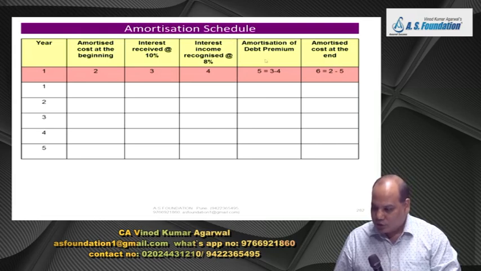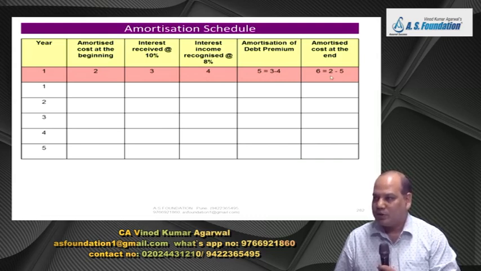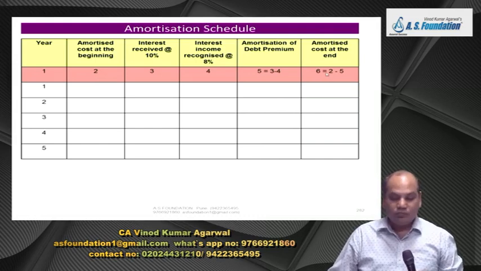You can remove this column also. You can directly get this last column by taking 2 plus 4 minus 3, which will also give you the closing balance. What extra you have done is just first taken the difference and then adjusted in the opening balance. It is the same thing.